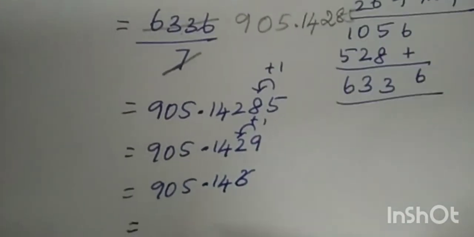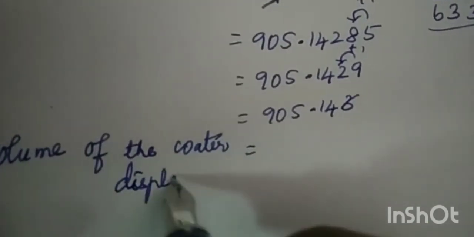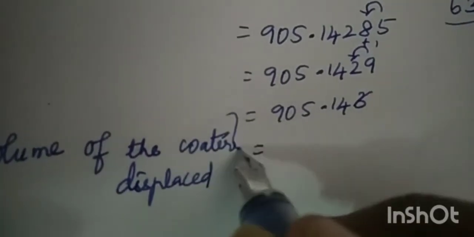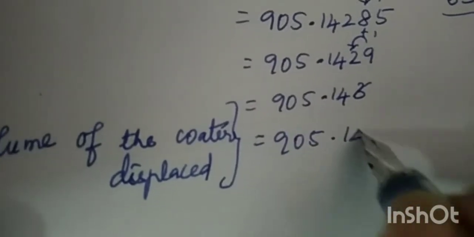Your answer, volume of the water displaced equals 905.14 centimeter cube. So that's all about sum number 4.